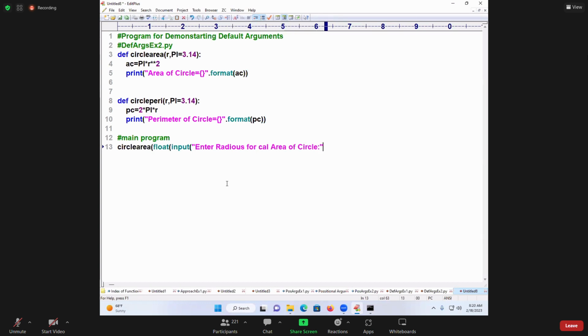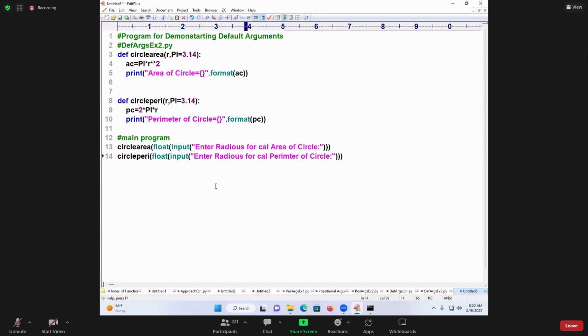Will you understand this? Fine. Similarly, I write one more for the perimeter: enter radius for calculating perimeter of circle.